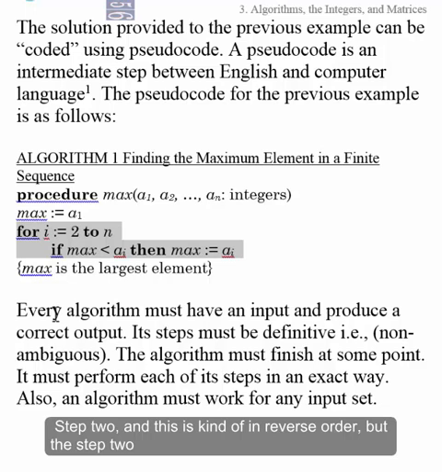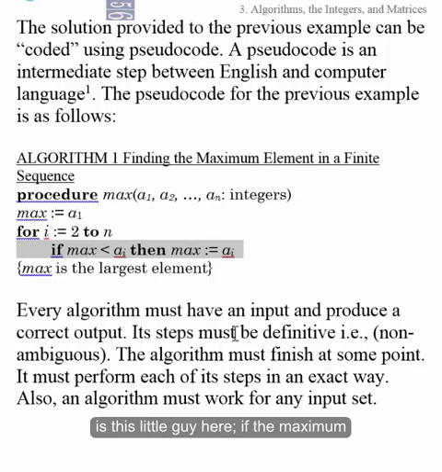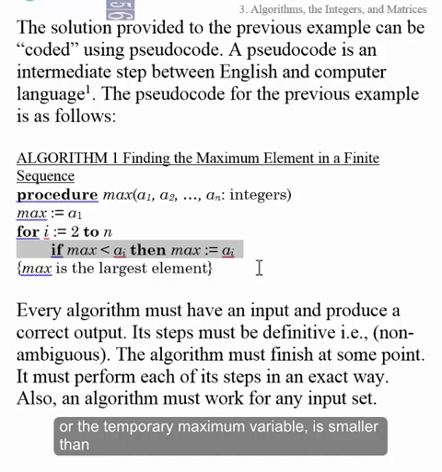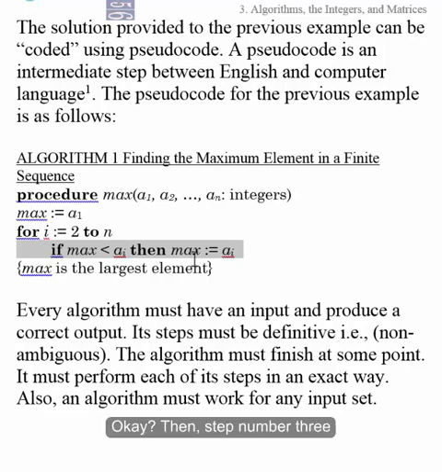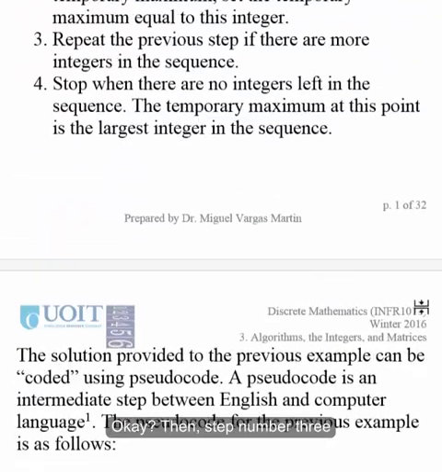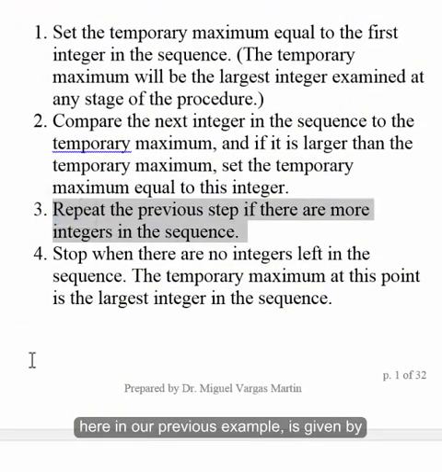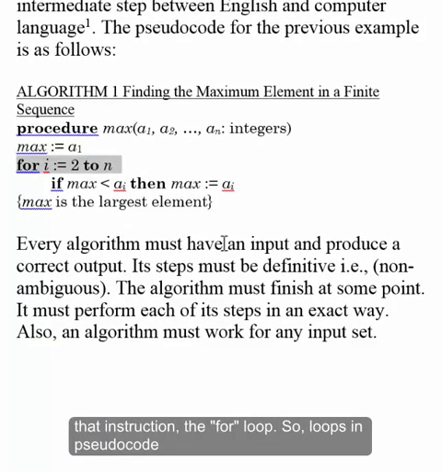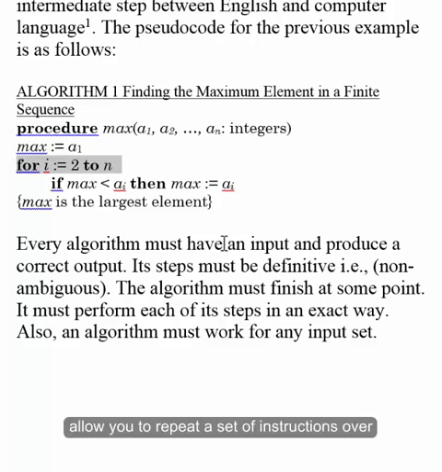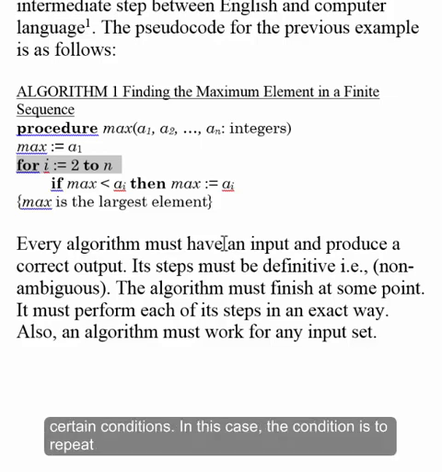Okay? Then what we had before as steps 2 and 3, those two steps are here. Step 2, and this is kind of in reverse order, is this little guy here. If the temporary maximum variable is smaller than the next element in the list, then that element has to be called the maximum. And then step number 3 in our previous example is given by the for loop. Loops in pseudocode allow you to repeat a set of instructions over certain conditions.